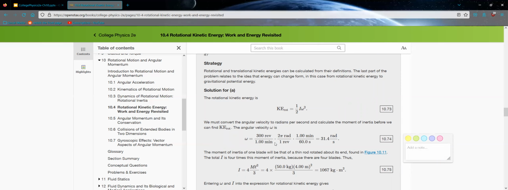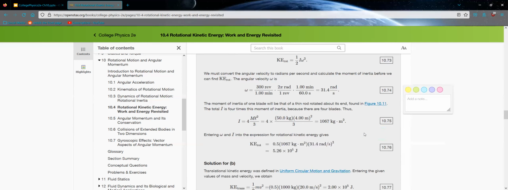Unit conversions. So 300 RPMs is 300 revolutions per 1 minute. And then we know that there's 2 pi radians in every revolution, and that there is one for every 1 minute of 60 seconds. So we can convert 300 RPMs to 31.4 rads per second, because rads per second is the angular velocity variable that we care about to get our joules at the end.